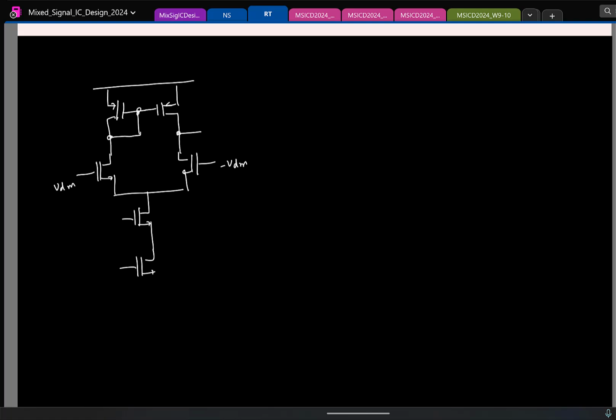What if lambda is not equal? Lambda of which one? You're saying we didn't consider lambda for the NMOS, right? The deal is the moment you consider the lambda for the NMOS, analysis is not that trivial. But logically speaking, for this case, we know that Vs is exactly 0. That is, when lambda n is 0, I know that the tail node is exactly 0. When lambda n is not 0, can you make any statement about Vs?